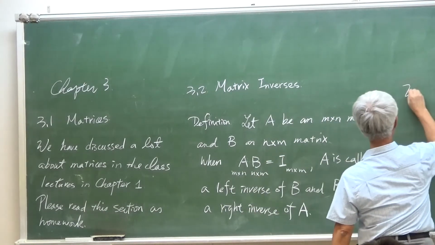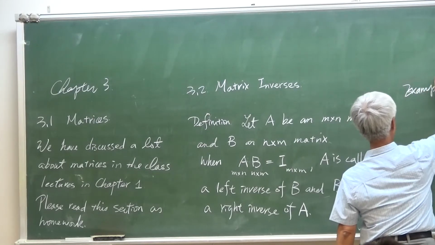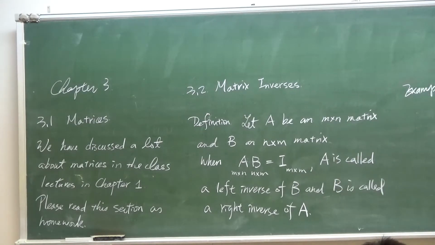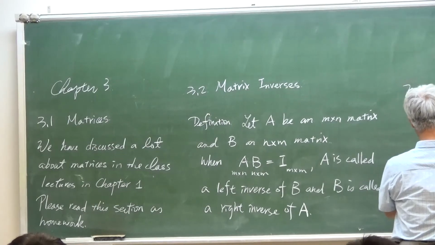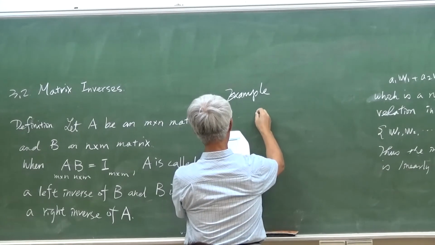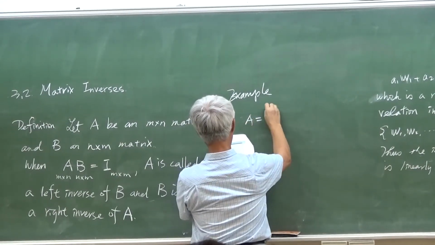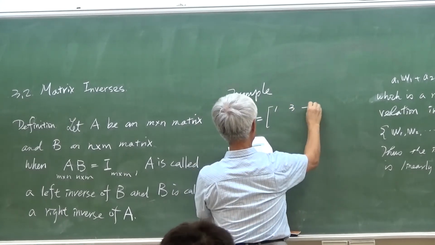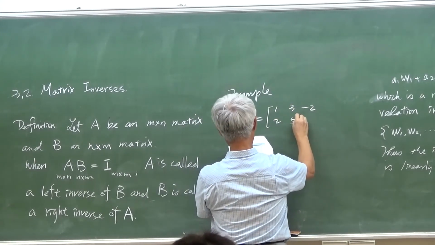So example. Okay, so let me see. I have a quick example here. Okay. So let's say A is equal to 1, 2, 2, 5, 1.